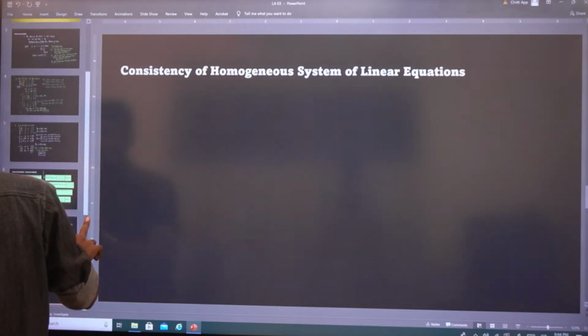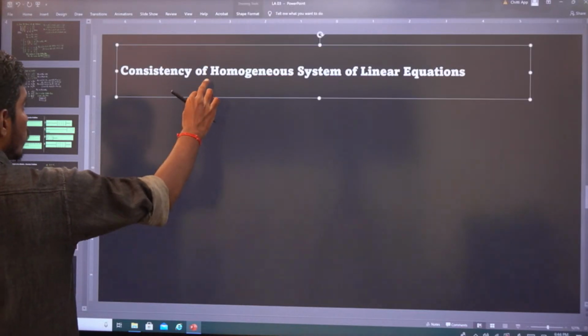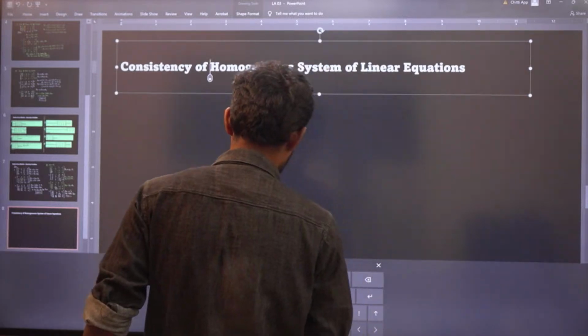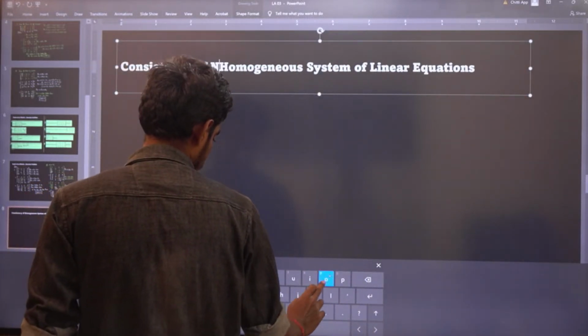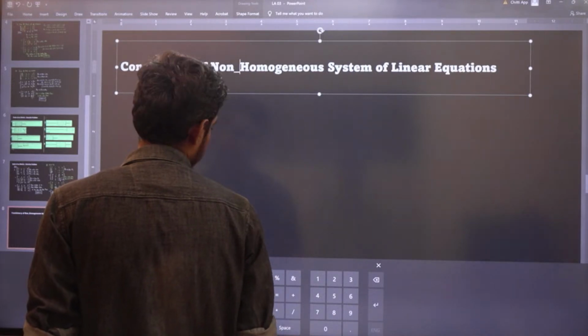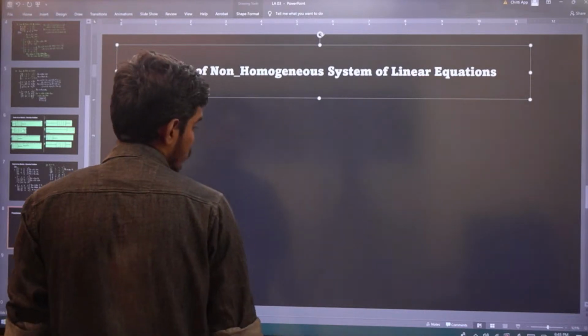Yes. So now I'll move on to consistency of non-homogeneous system of linear equations.